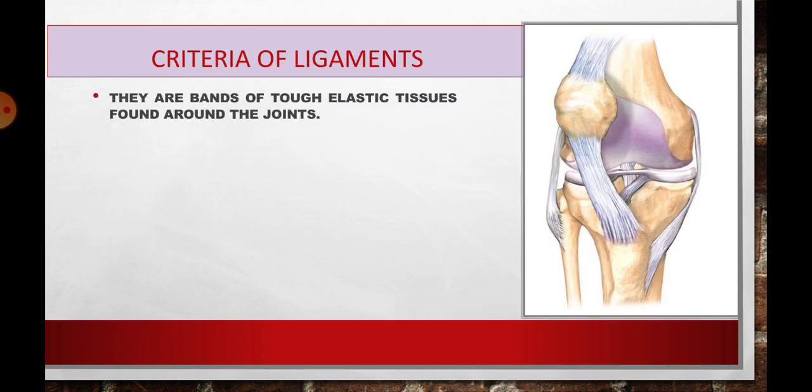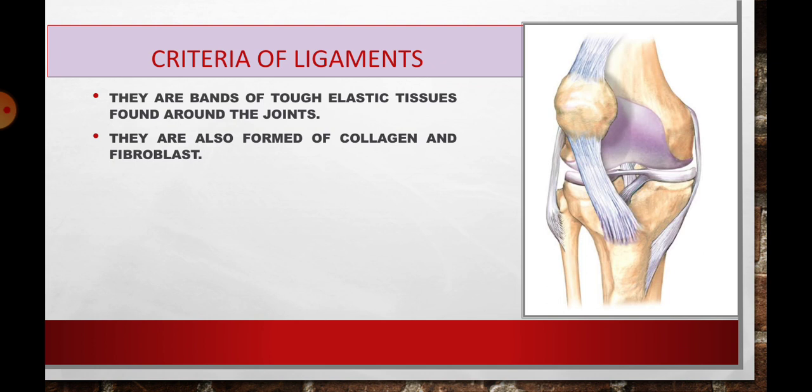Now we will know the criteria of ligaments. Ligaments are like the tendons. They are bands of tough elastic tissues, but tendons are not elastic, and ligaments are elastic tissue.